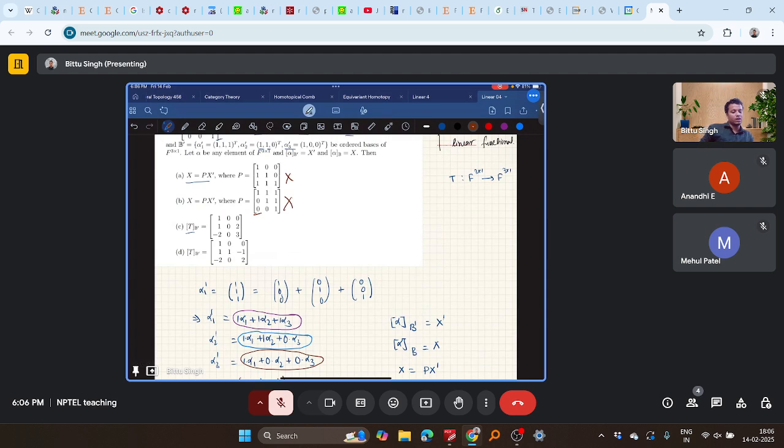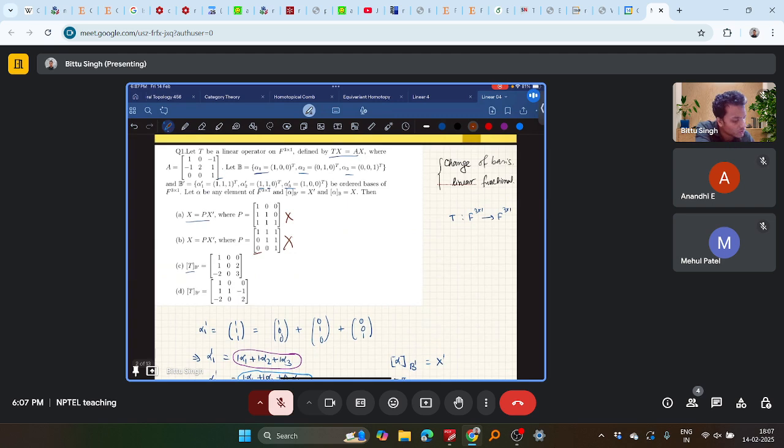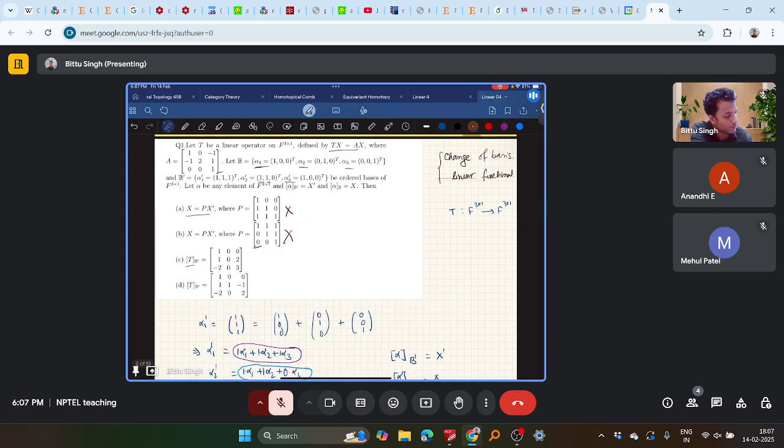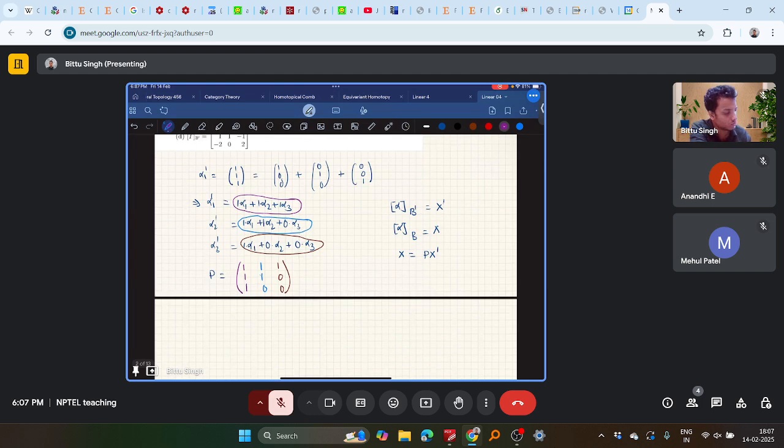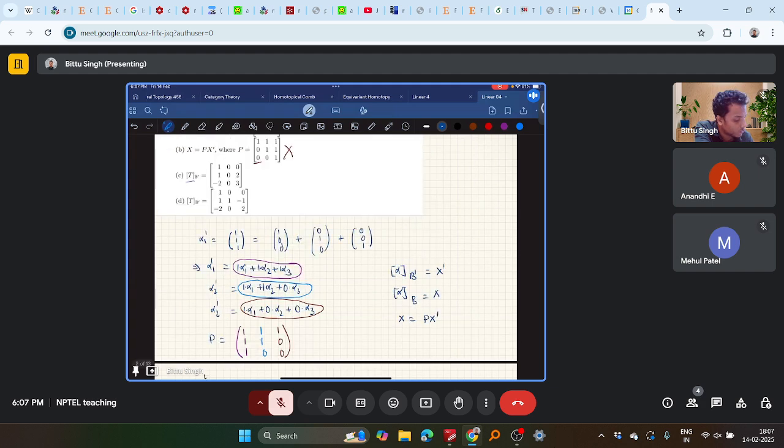We need to write the matrix representation of the transformation with respect to B dash. And we know that with respect to B, the matrix representation is already given, it is A. So we write in this notation, T with respect to B is A. And what is A?